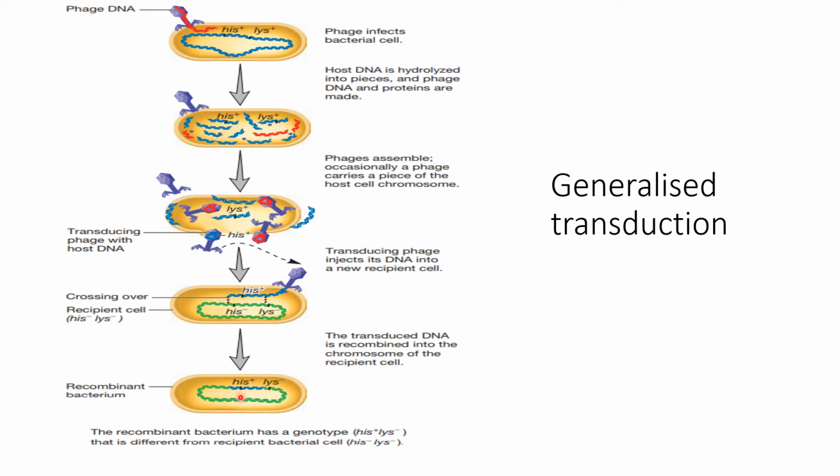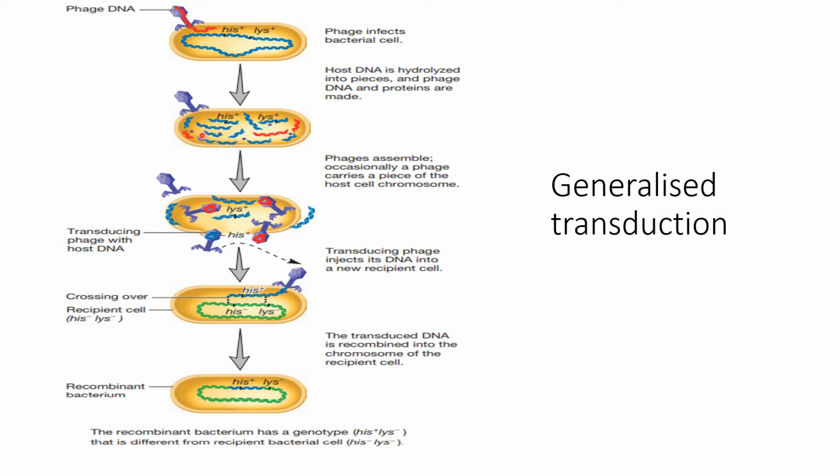So this is what we call transduction, because here to transfer this his plus gene into this recipient cell, a bacteriophage is involved, a virus is involved, right? So that is why it is called transduction. But why do we call it generalized transduction?